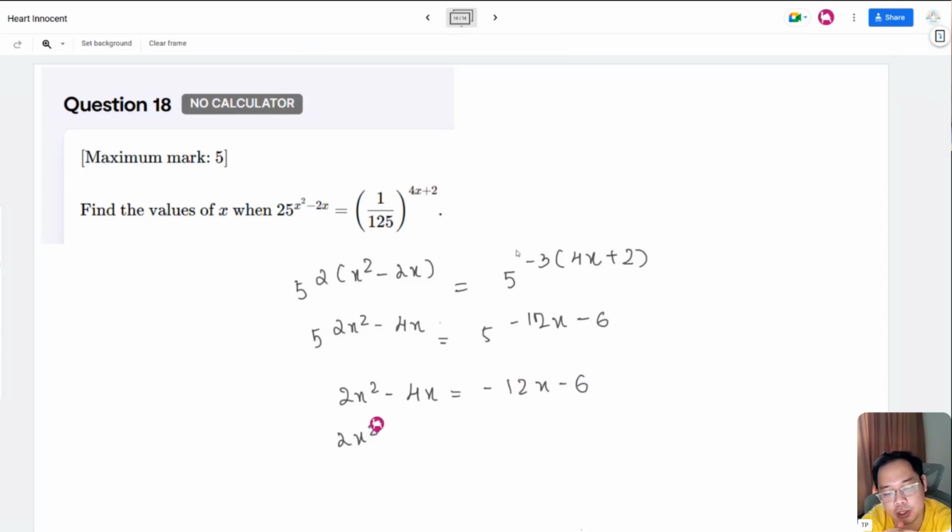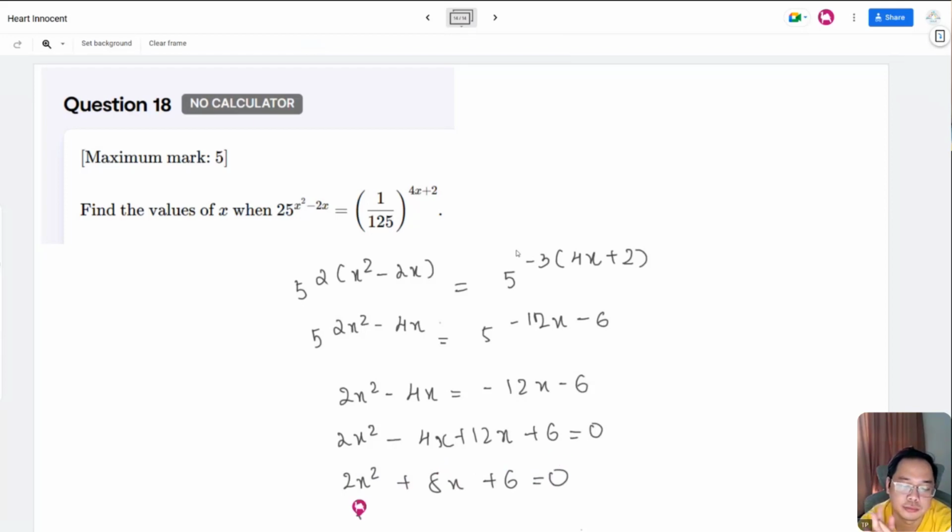And simplify that equation. Plus, we can move the minus 12 to the left, meaning we now have x squared plus 4x plus 3 equals 0. So very easy.